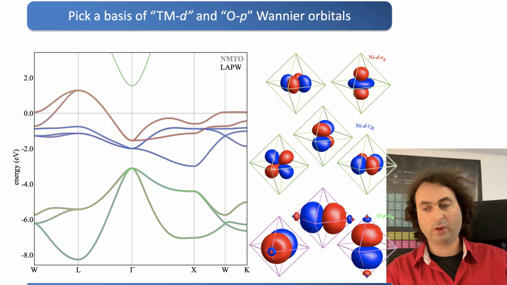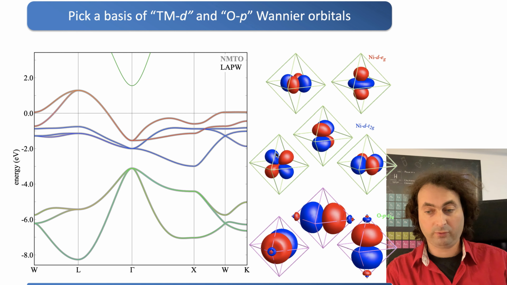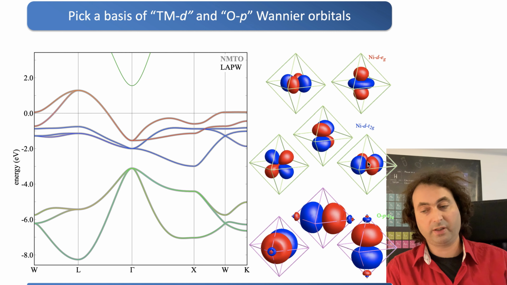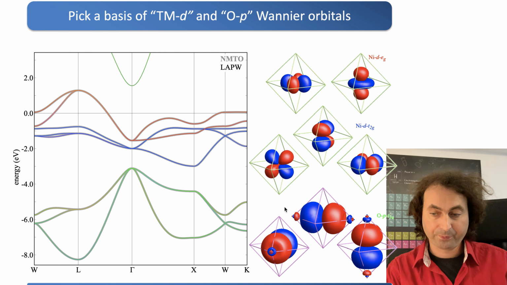Then we can have a look at the Wannier functions, and we pick them such that they are atomic-like for the d orbitals, and you indeed find that you get nicely atomic-like d orbitals on top in a green gauge for the nickel-centered Wannier functions, and the corners of your cube are here the positions of the oxygen.